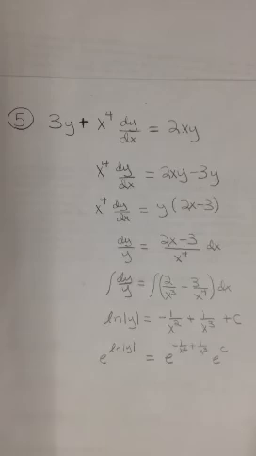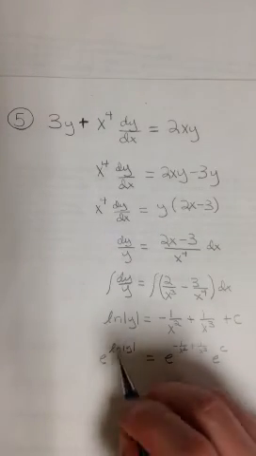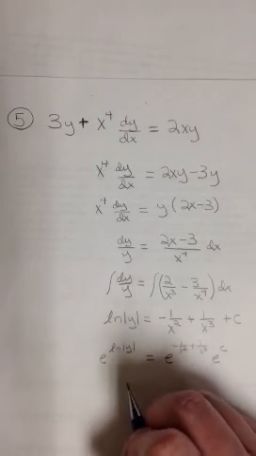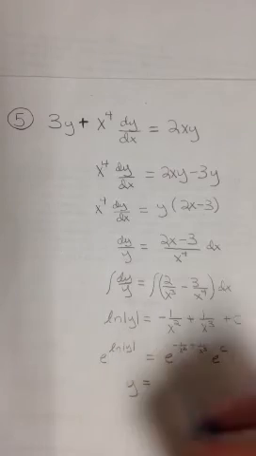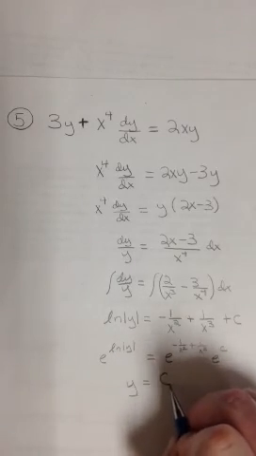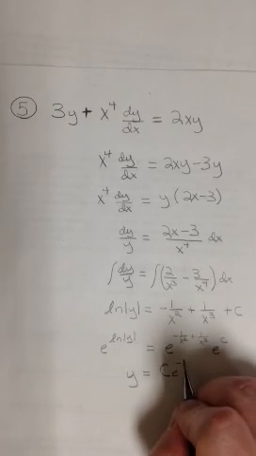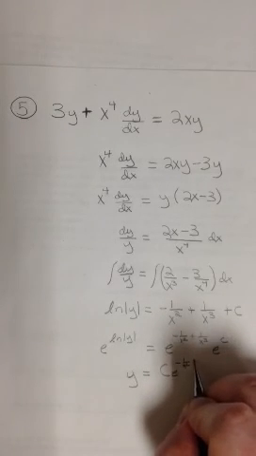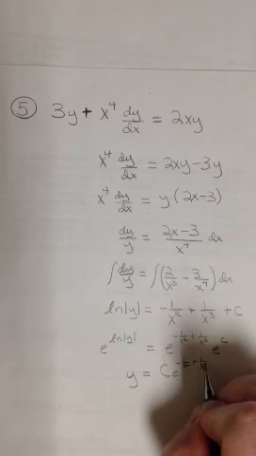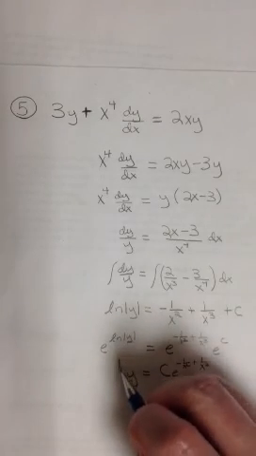And so for the general solution for y, e to the natural log of y goes to y. e^c is a constant, and we have times e to the (-1/x^2 + 1/x^3), and you can just leave it in that particular form.